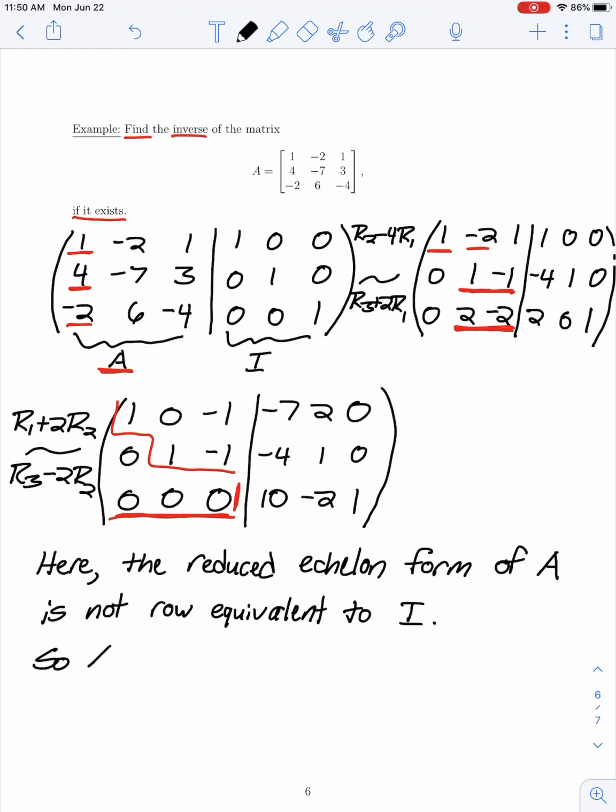So A inverse does not exist. Or another way we could say that would be that A is singular.